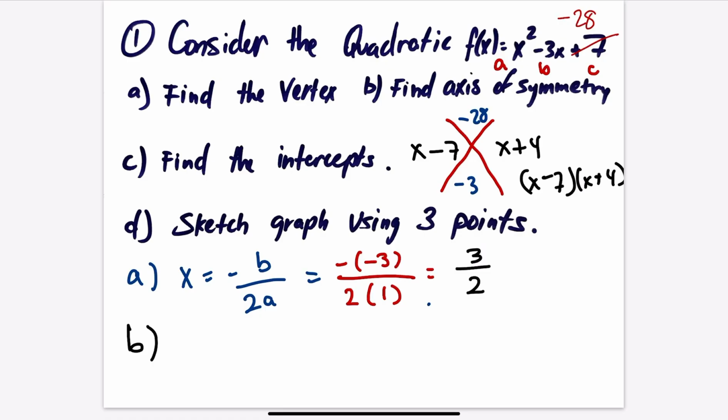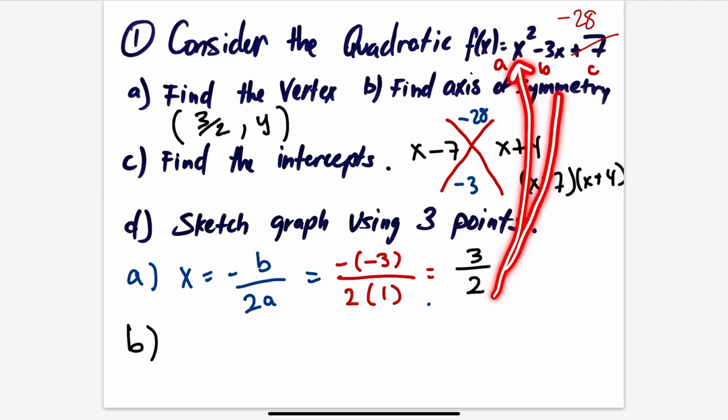That makes it easier for you all to plug it back in without any issue since you don't have a calculator. So for the vertex, it's going to be 3/2, and then your output is going to be the y, and that y value is whatever you get when you plug this into x and do the math with this function right here. Okay, so for now we'll just leave it as y.